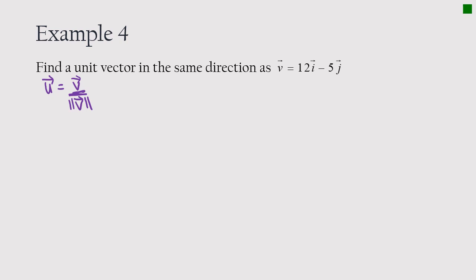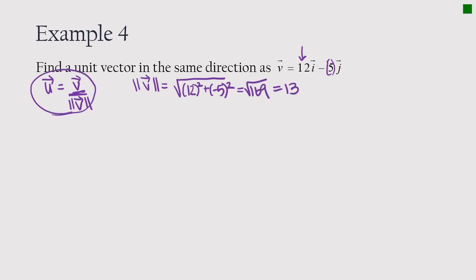The magnitude is found by taking the square root of the horizontal component squared plus the vertical component squared. When I do that, you end up getting the square root of 169, which is 13.